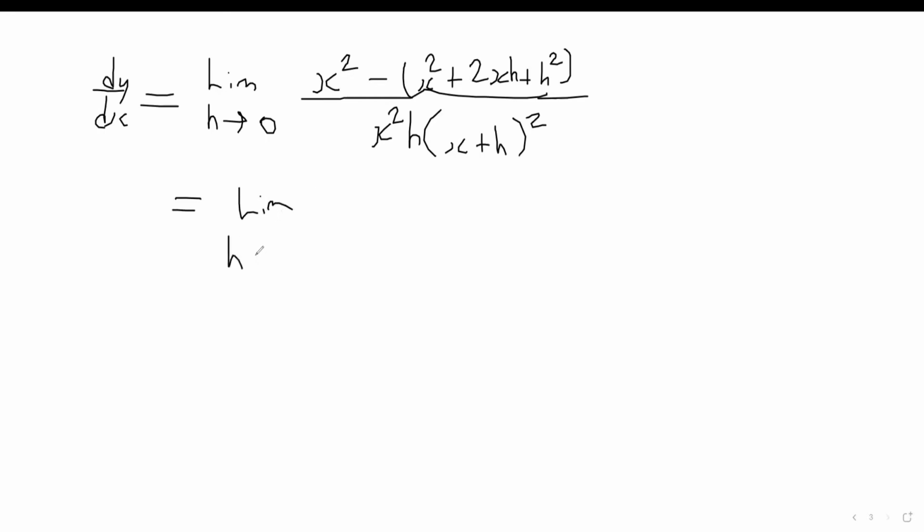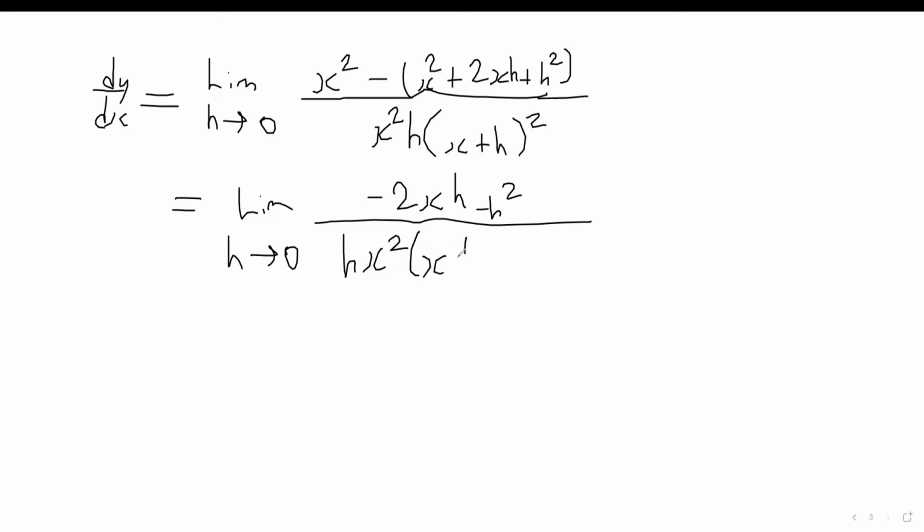So I'm going to write now, this is the limit as h approaches 0 of x squared minus x squared, that's gone. Then minus 2xh, then minus h squared when you expand the minus. Over x squared times, put back the h right there, times (x plus h) all squared. Now we still can't plug in h yet, because if you plug in h, you're going to get 0 over 0.